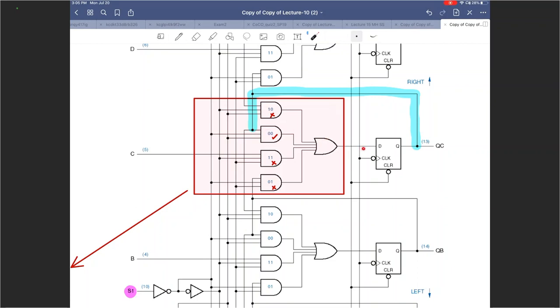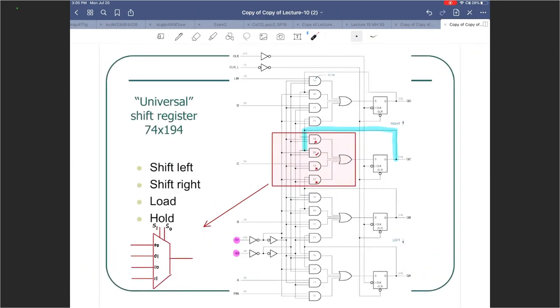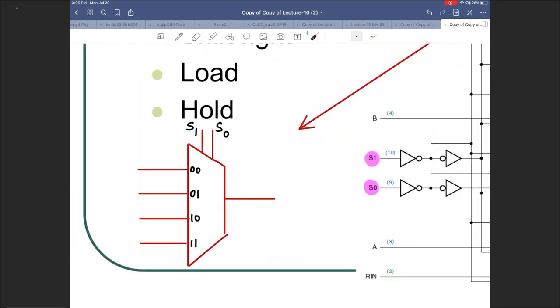So that bit or the D input here will continue to be the previous state. It will not change. So 0, 0, hold data, right? Let me write that over here. What is that? That is current state.